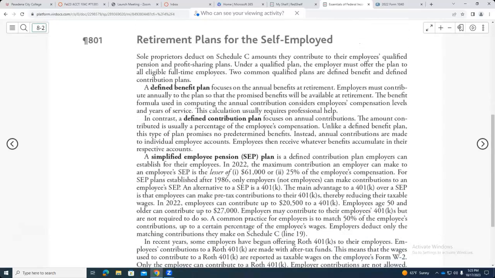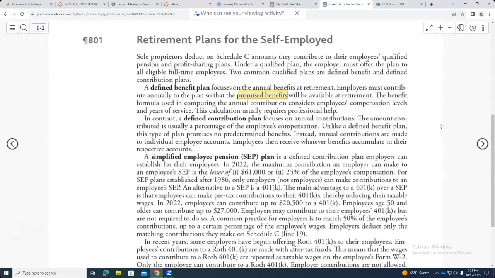One thing it's a good idea to know is a retirement benefit called a defined benefit plan. A defined benefit plan focuses on annual benefits at retirement. Employers must contribute annually to the plan so that the promised benefit will be available at retirement. So the key word is promised benefit.